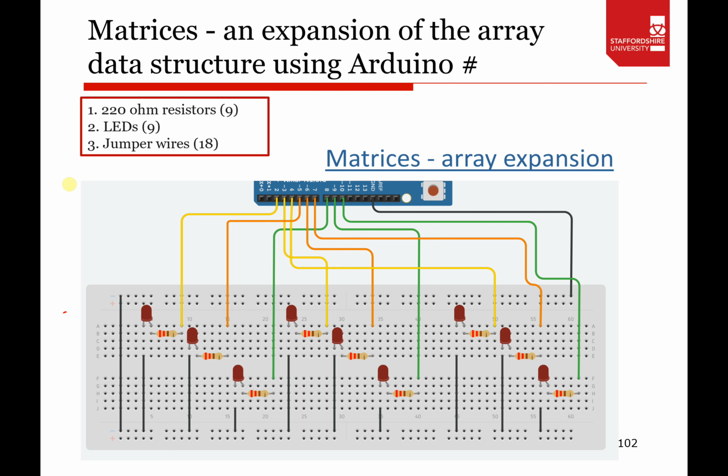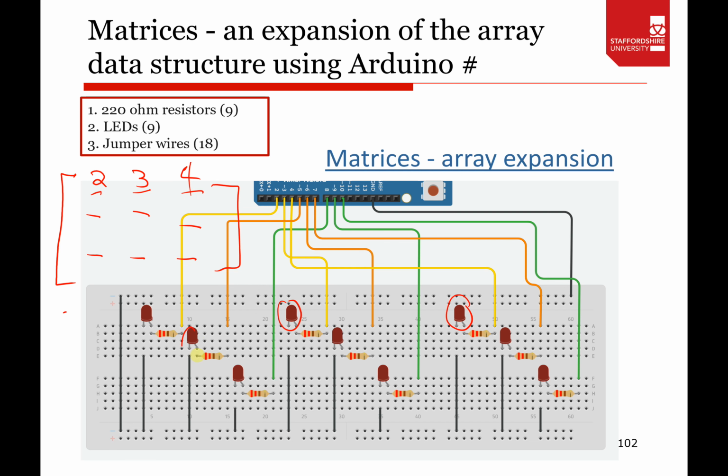So in our array, which is 1, 2, 3, 1, 2, 3, 1, 2, 3, the first LED is connected to pin 2. The second LED, which is this one, is connected to pin 3. This one is connected to pin 4.